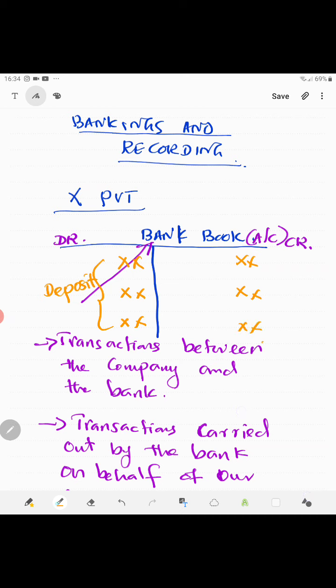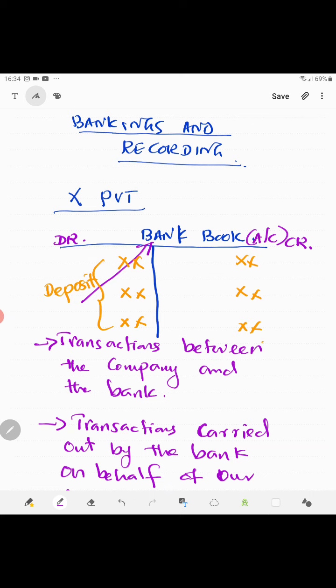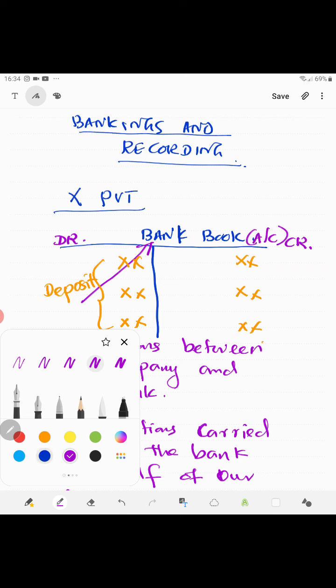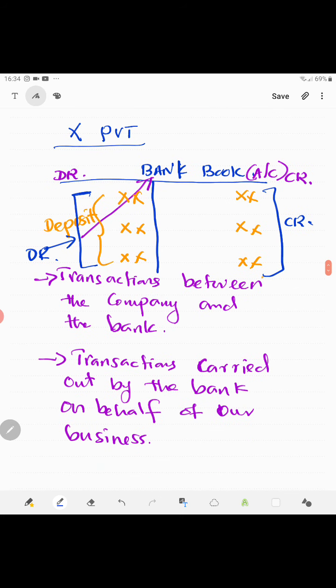You can clearly understand that this area is the debit and this area is the credit. These transactions are conducted and recorded by our own staff, as an internal record. That has to be clear.